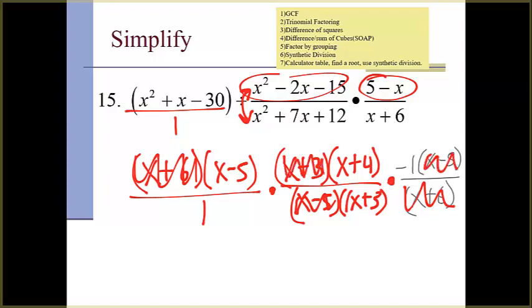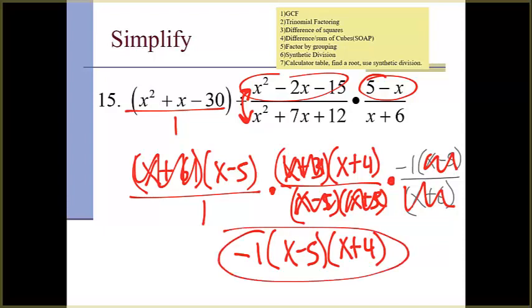We have the x plus 3s, they get to go. And all you're left with is a wonderful -1 times x minus 5 times x plus 4. And I'll be honest with you, you can just keep it like that. If you wanted to FOIL it out and distribute the -1 to get a trinomial, that's fine as well, but this is also acceptable.